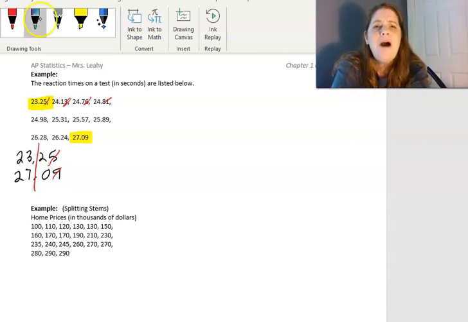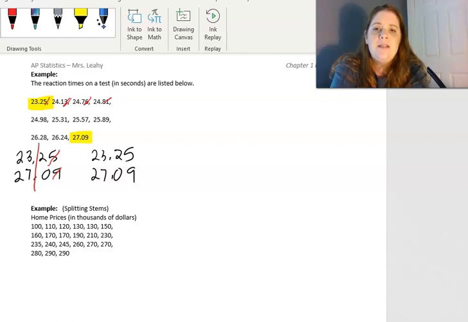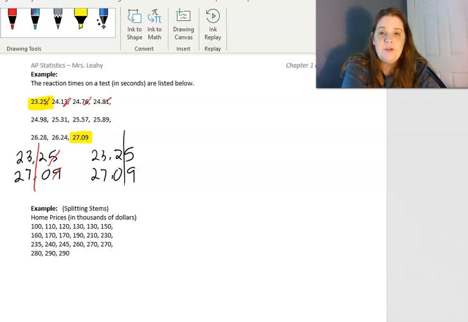Now, some people would say, why can't I just split off that last digit like we did in grade school? Why can't I split 23.25 and 27.09 there and use those last digits as my leaves and not have to worry about truncating?